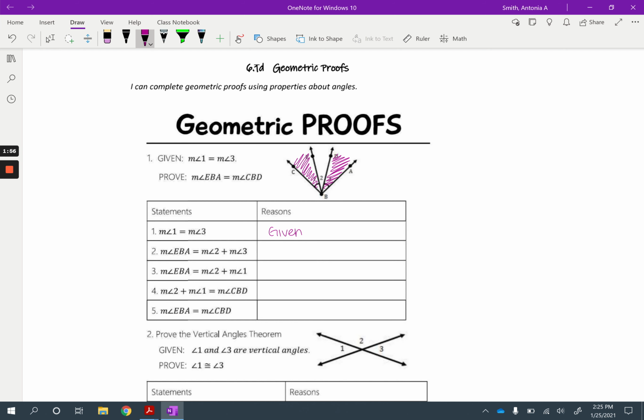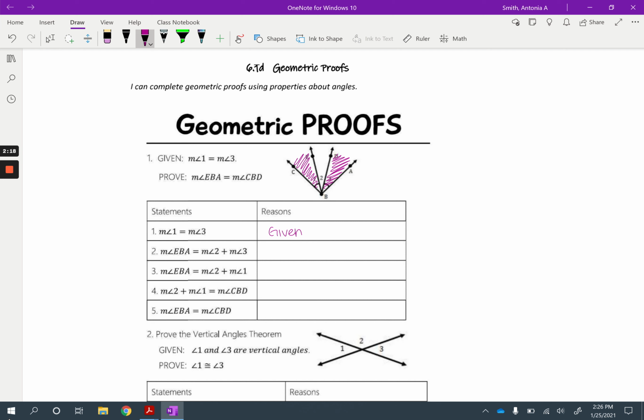Okay, so now I'm going to take that statement and do something with it. Okay, so statement 2 goes to say the measure of angle EBA is equal to the measure of angle 2 plus the measure of angle 3. Okay, I'm going to redraw our original picture really quickly.